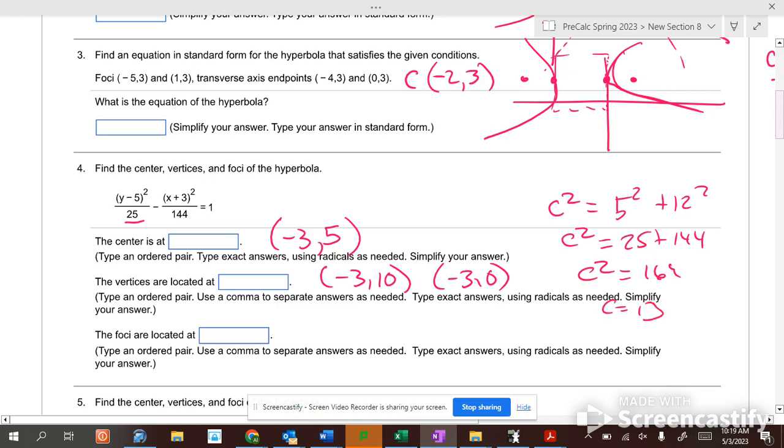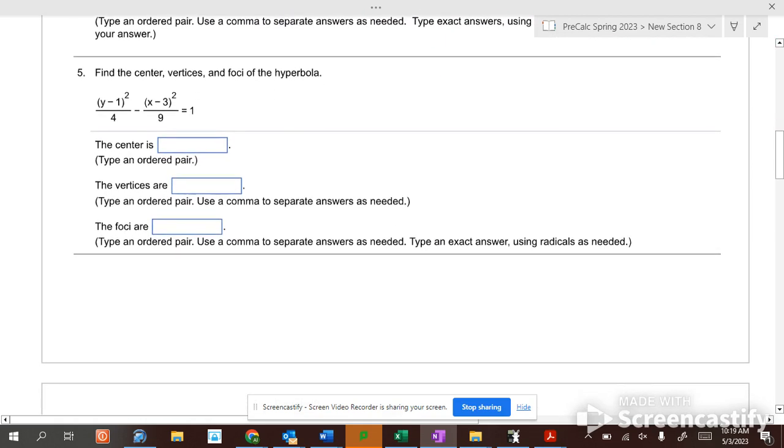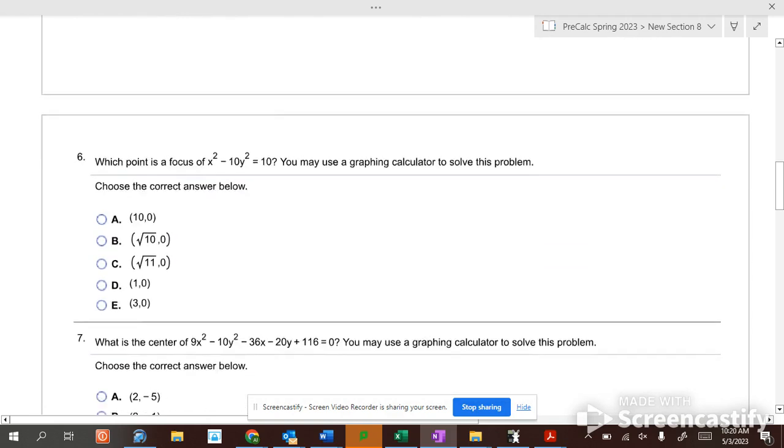So the foci are 13 away each way. Okay? So the foci are at -3, and if we add 13, we're at 18, and -3 and -8. Okay? That one's the same thing, so I'm not going to do that one.